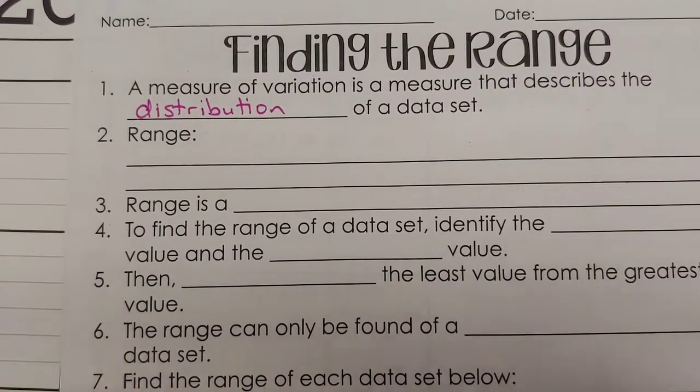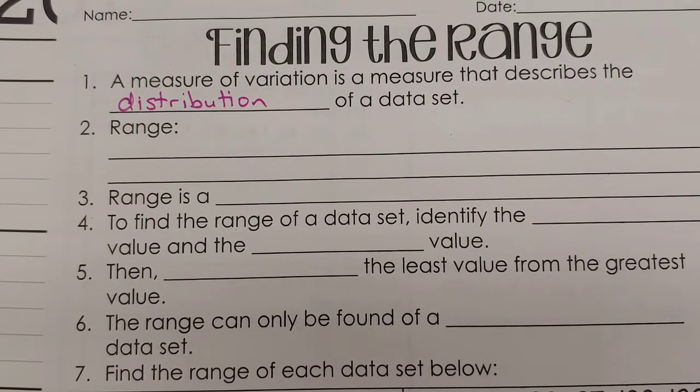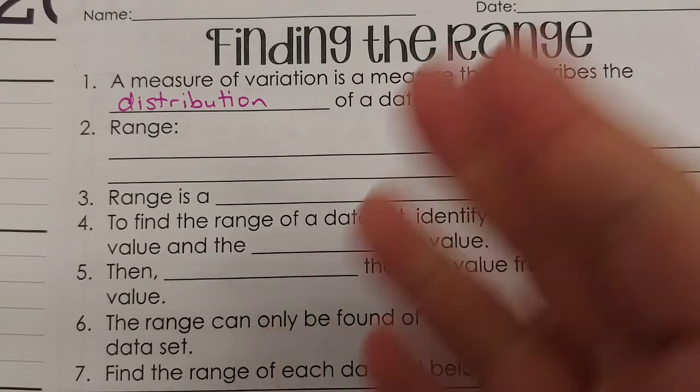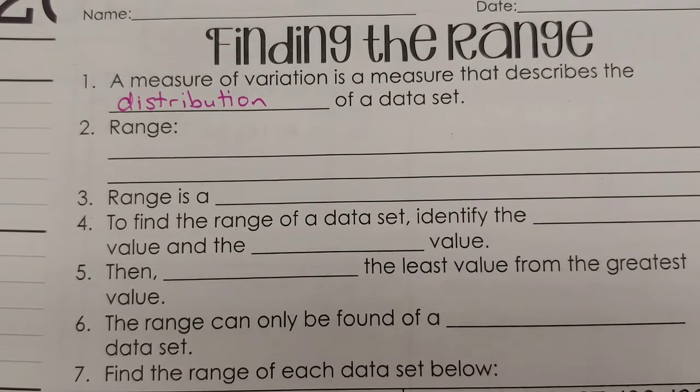Distribution is how things are laid out, how things fall into place. If you were to take a bunch of coins and drop them all, the distribution would be the area that they have laid out in.